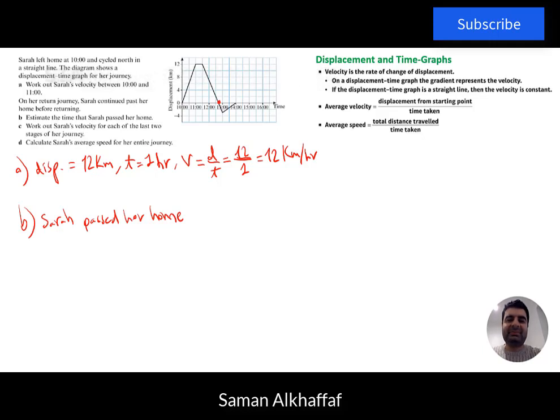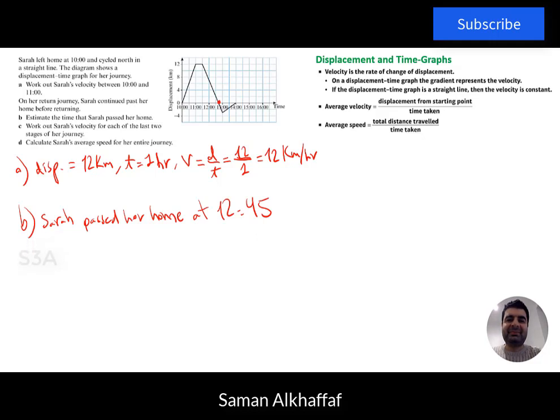We know she started from her home, which is 0, so we need to cross the axis, which will be the point where she returned home. So that will tell us she passed her home at 12:45. So this will be our answer for part B.